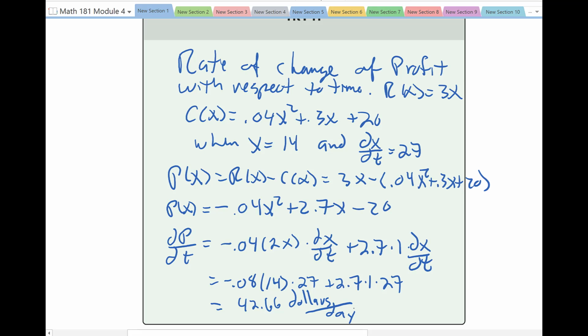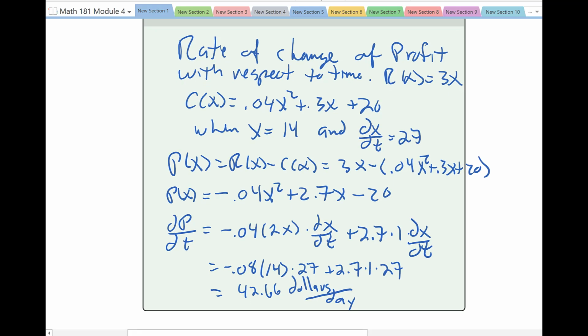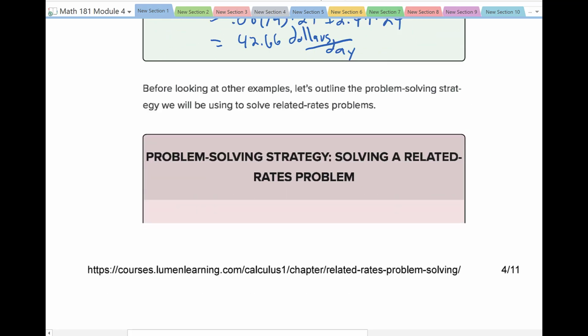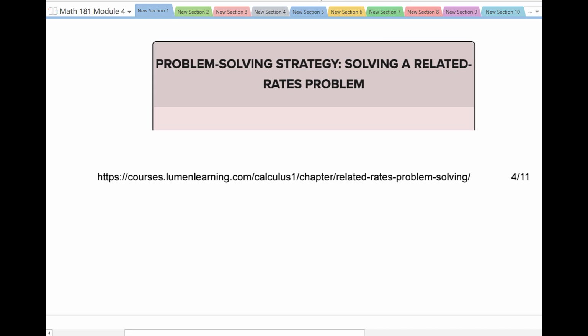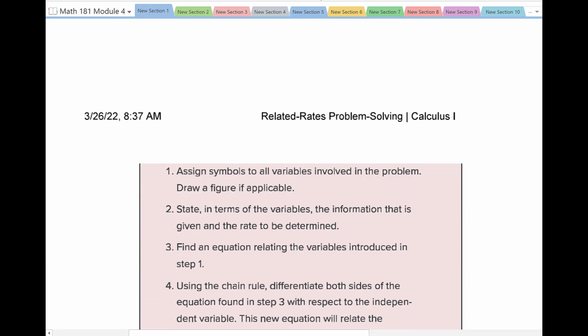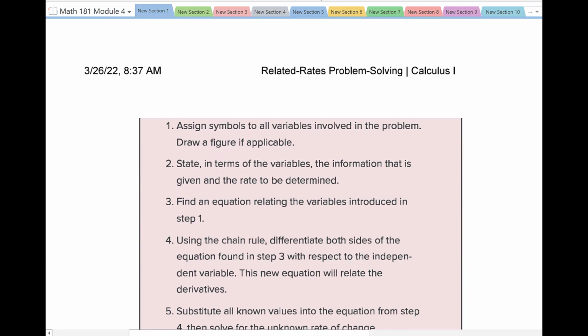Now let's look at the problem with airplanes. Here are the problem solving strategies for solving related rates problems. Okay, assign symbols to all variables involved in the problem. Draw a figure if applicable, which we're going to do in the next one. State in terms of the variables the information that is given and the rate to be determined.